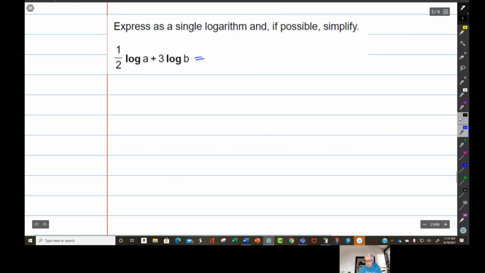The first thing you have to do is, you can't squish that together. Not yet. It has to be log of argument plus log of argument, and then you squish them together. I say plus because there's a plus there.